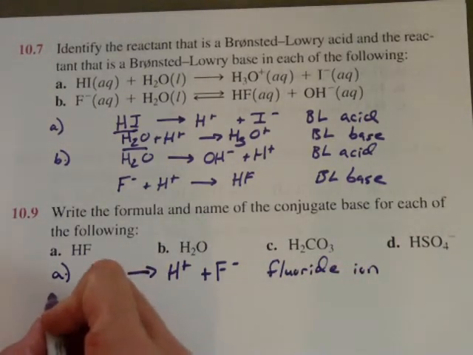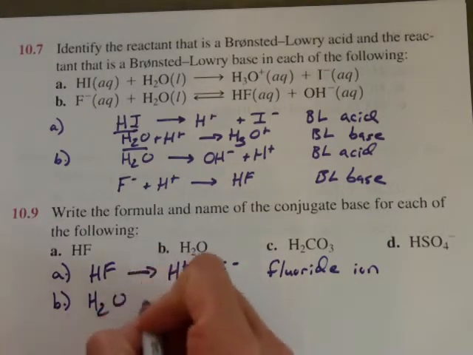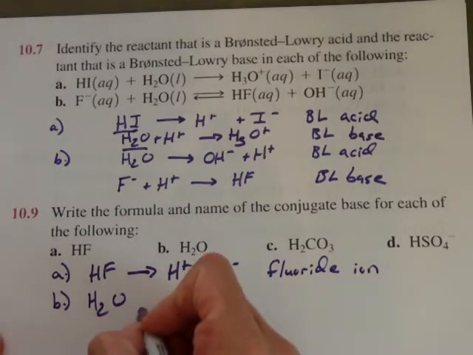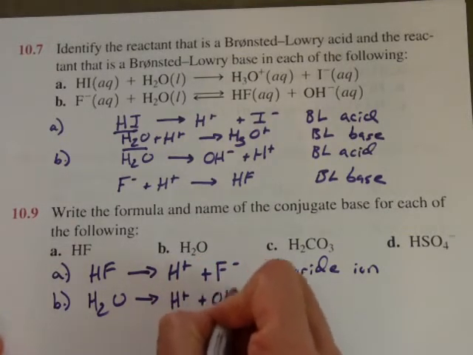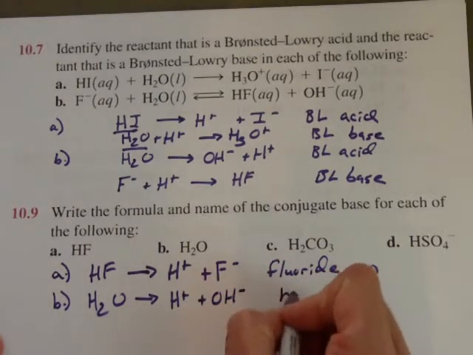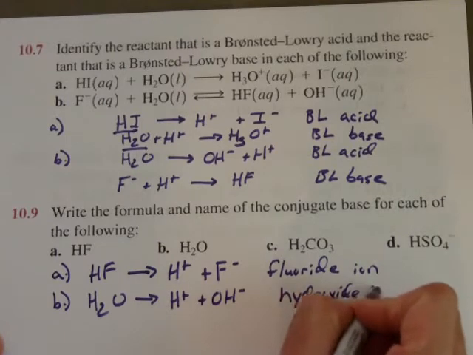And B, H2O. If it acts as an acid, it's going to make its conjugate base. If it loses an H plus, you'll be left with an OH minus, and the OH minus is called the hydroxide ion.